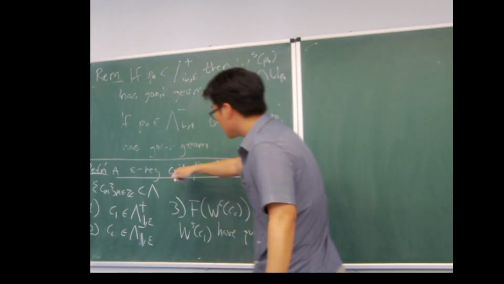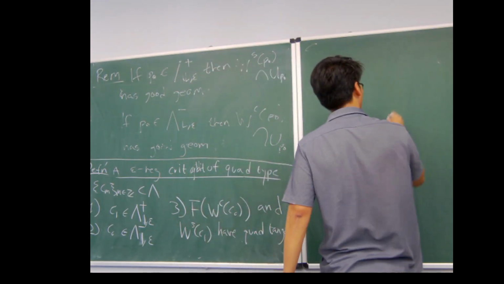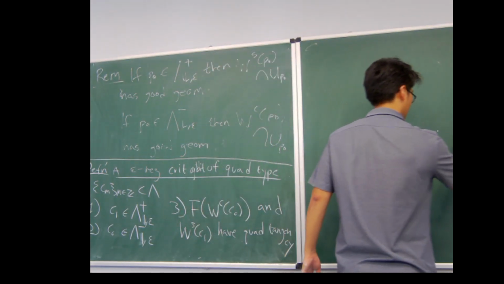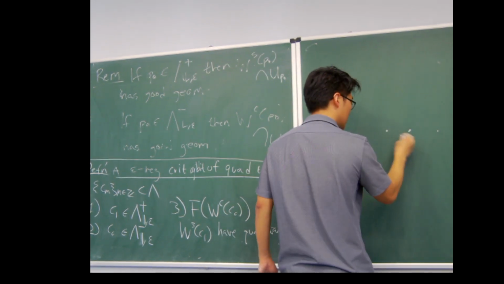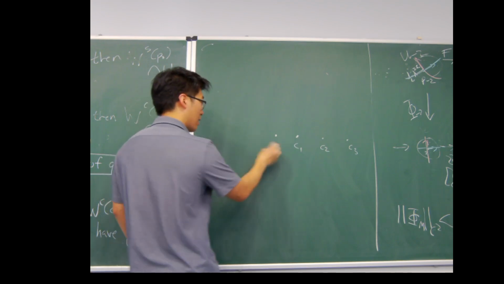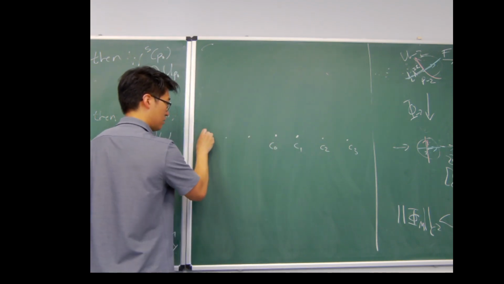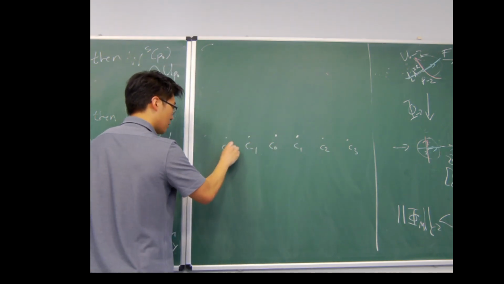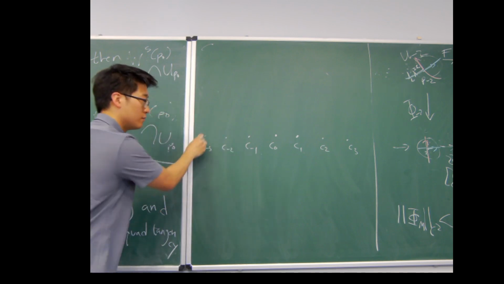So if it's a regular critical point, then the critical value has... So let's say this is the critical value, C3, and this is the critical backward image of the critical point, C3, and so on.